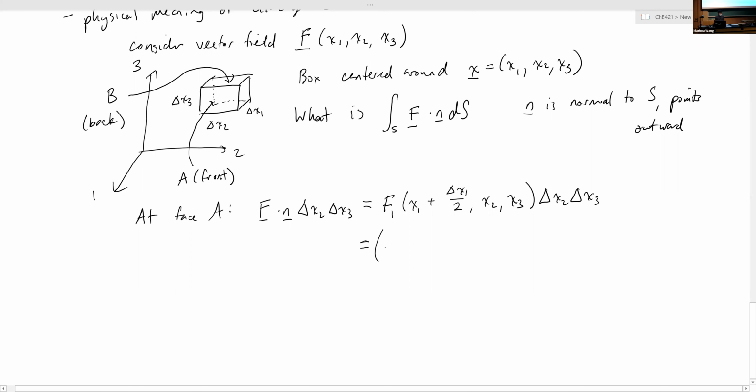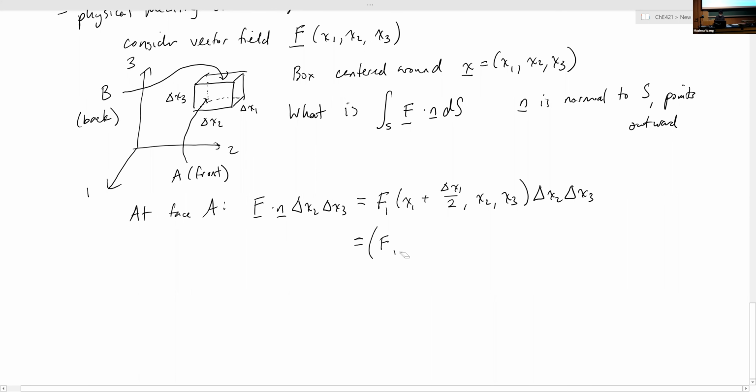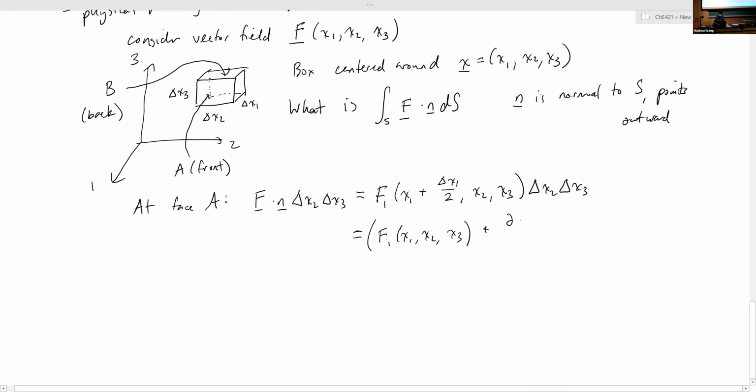And by Taylor expansion, we get that plus delta x1 over 2 times the derivative, and of course, higher order stuff, and still delta x2, delta x3.